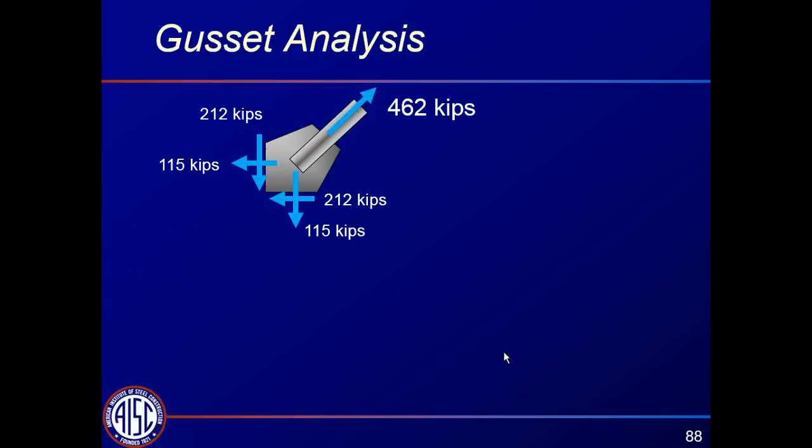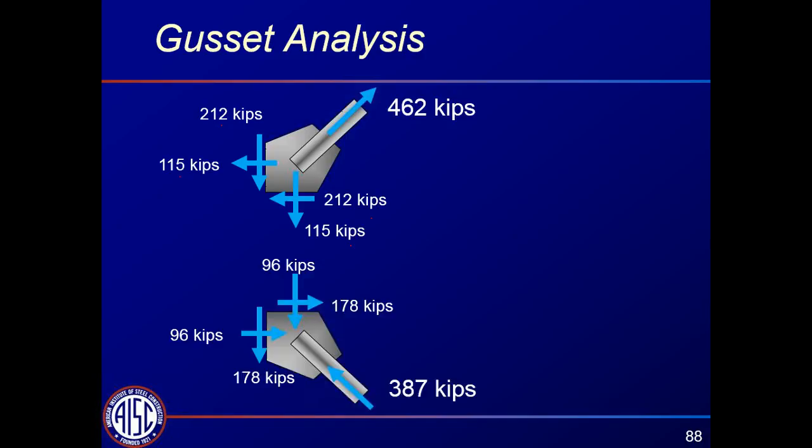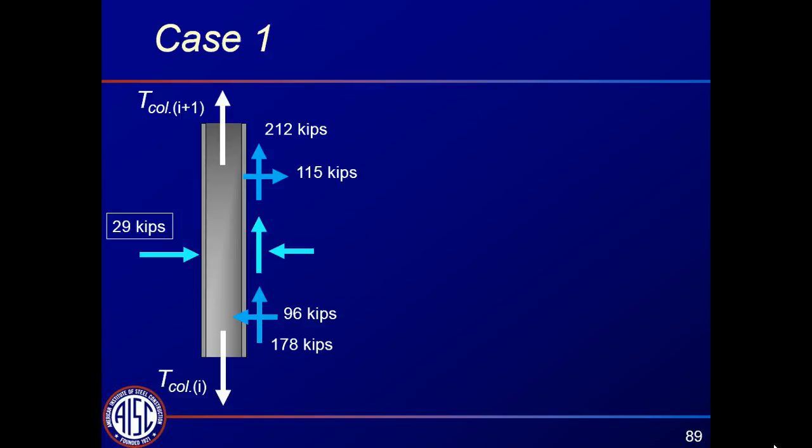So now we go into the gusset analysis based on those maximum brace forces. We get the vertical and horizontal forces on the column, vertical and horizontal forces on the beam. Do the same thing for the brace below. This brace is in compression, has somewhat lower strength in the compression direction. Then we do our free body diagrams and apply statics.